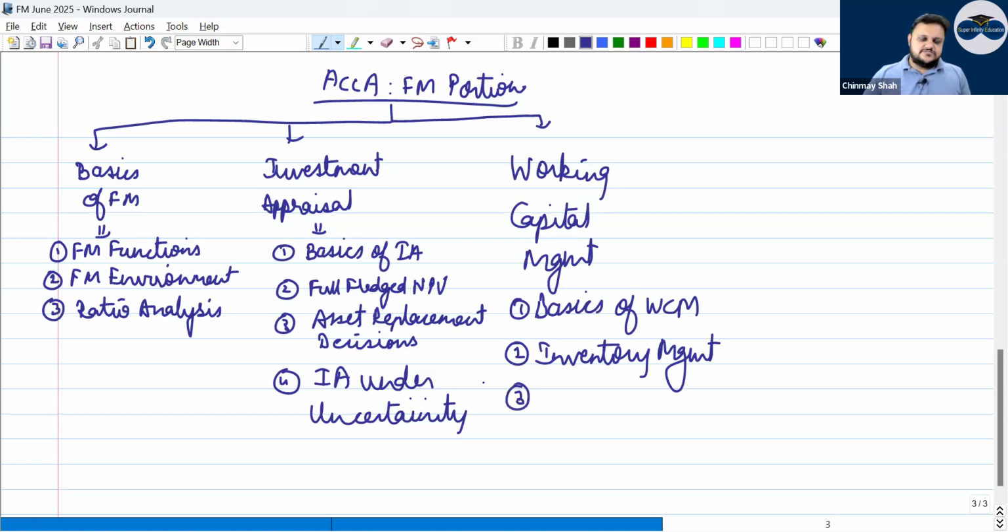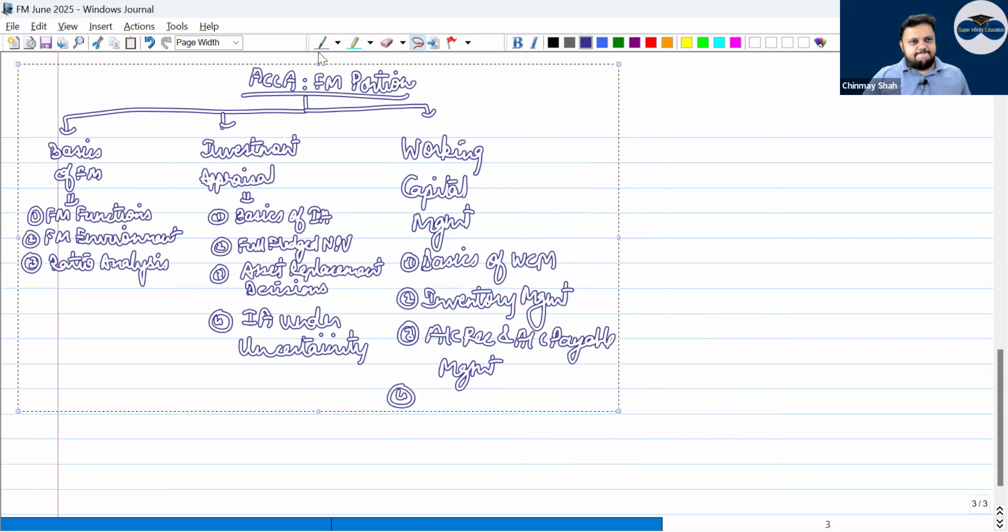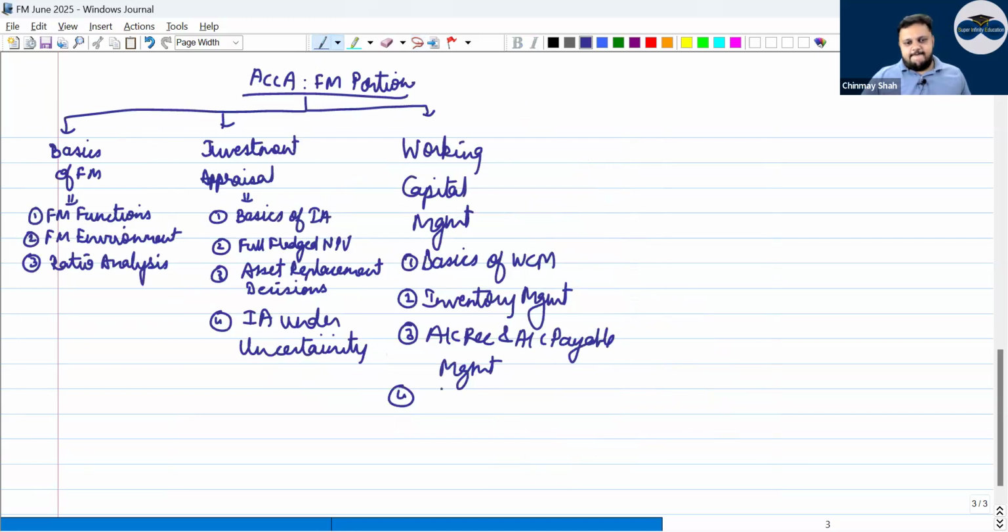Third is account receivable and account payable management. Fourth is cash and cash receivable management.